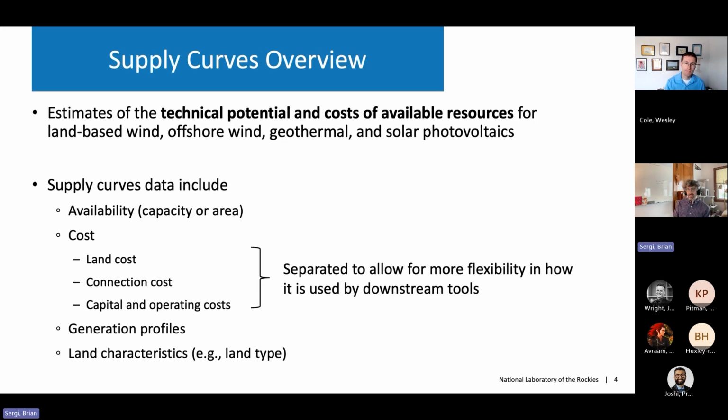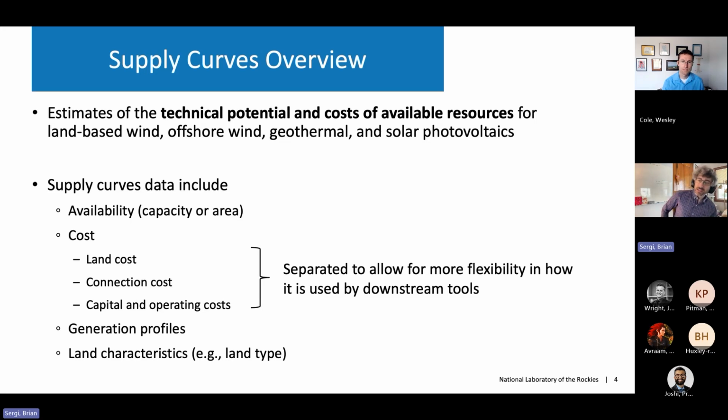Then we have features related to costs, and we split this out into a couple of different buckets. We've got the land costs associated with whatever area you're trying to develop or has potential to be developed. Connection costs, which look at how, if you take that site, you're going to need to build out things like spur lines, interconnection or tie-ins to the substation or transmission lines, and then also potentially network upgrades to get it to load centers.